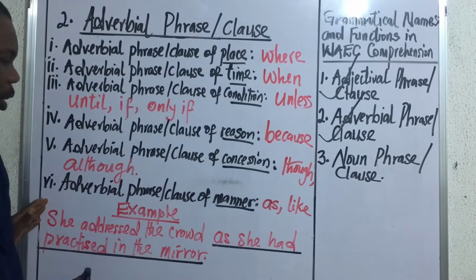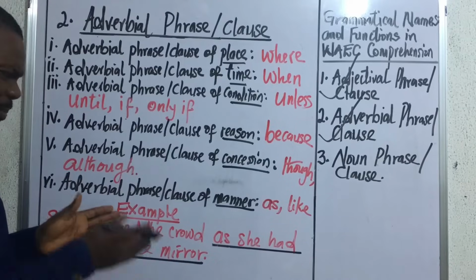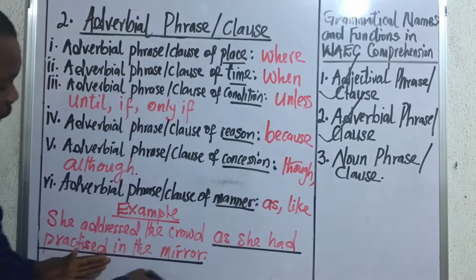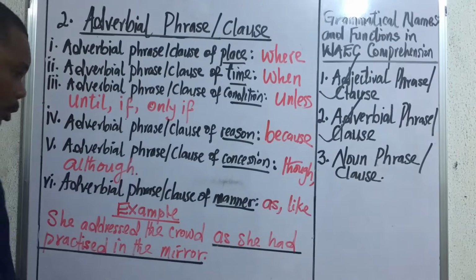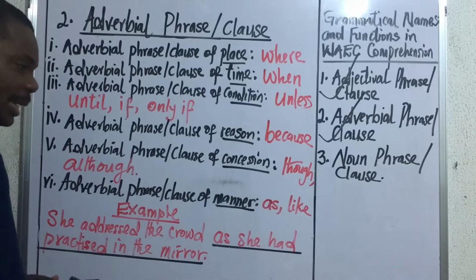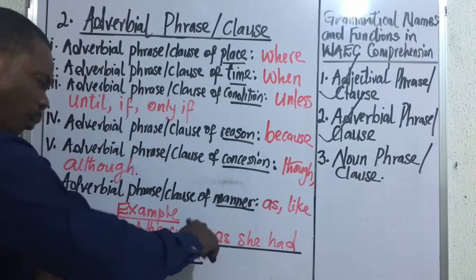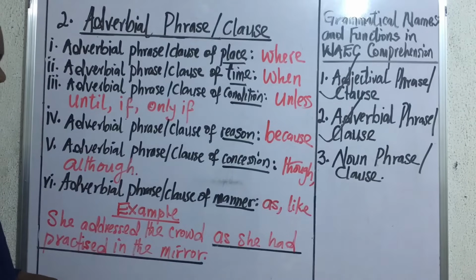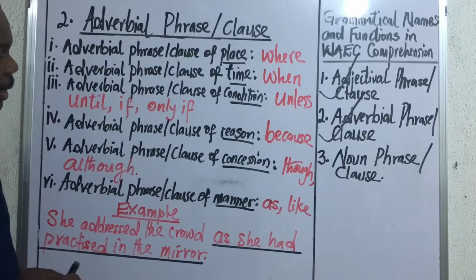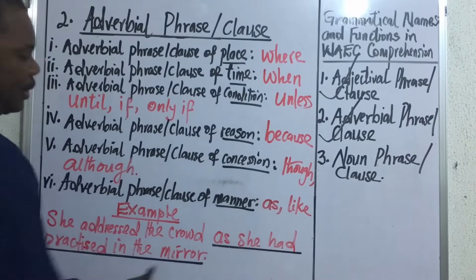So when you want to state the function, you have to trace the underlined expression to the passage, and from there you consider the complete sentence that contains the underlined expression that has been highlighted in the question section. From there, you'll be able to trace the main verb that is in the main clause, because the entire underlined expression is a subordinate clause. In other words, it's a what? A helping clause. That means there is a major clause that is combining with that underlined expression. So inside that major clause, you locate the lexical verb. It is that lexical verb that is being modified.